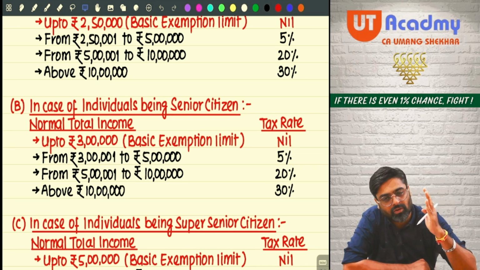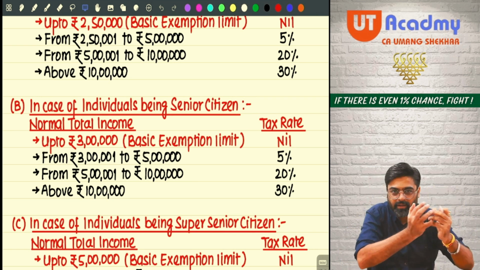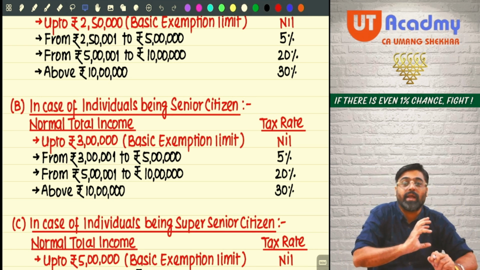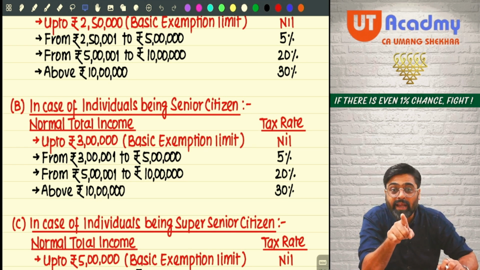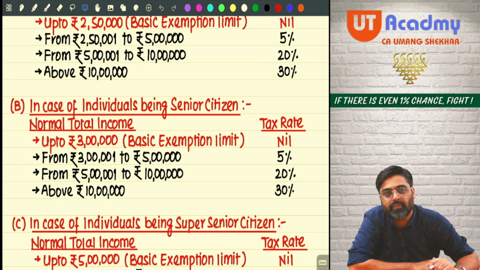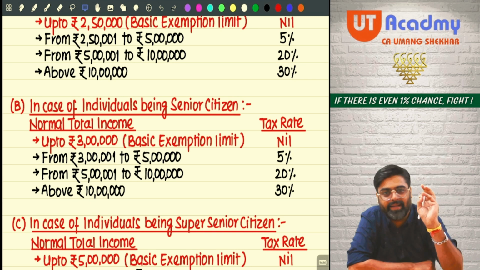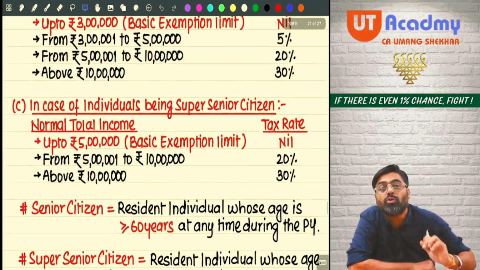Super senior citizens are senior citizens only, but they are little more senior. Hence, they are known as very senior citizens or super senior citizens. Their age should be 80 years or more at any time during the previous year. So, any resident individual whose age at any time during the previous year is 80 years or more will become a super senior citizen.